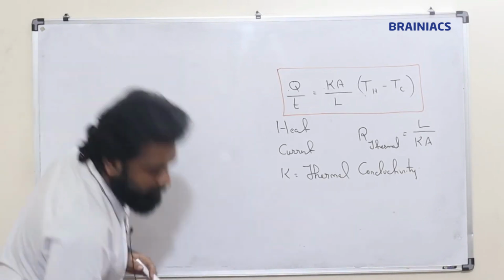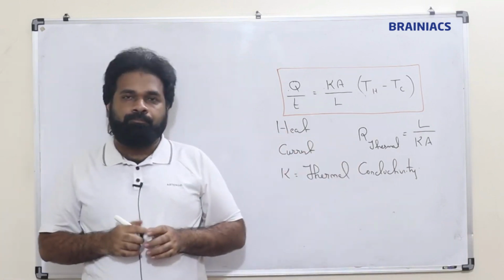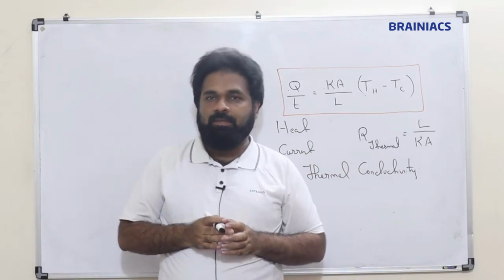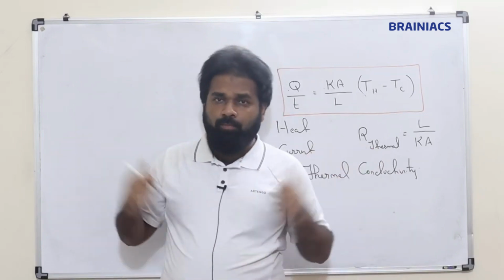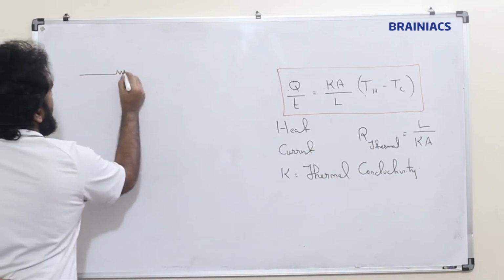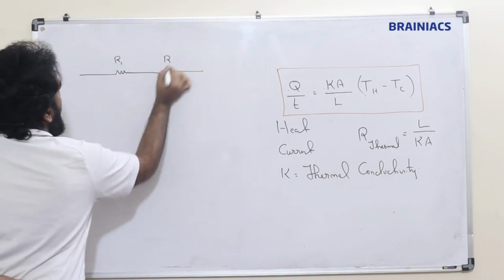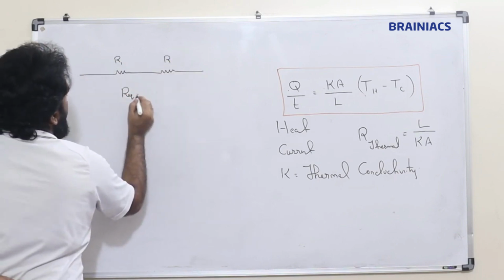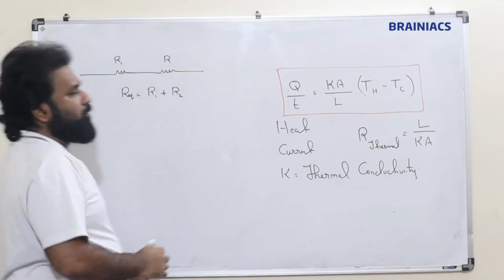Fine. Because of this similarity, even the resistance in series and resistance in parallel patterns are the same in both. So just like two resistances R1 and R2, R equivalent is R1 plus R2.